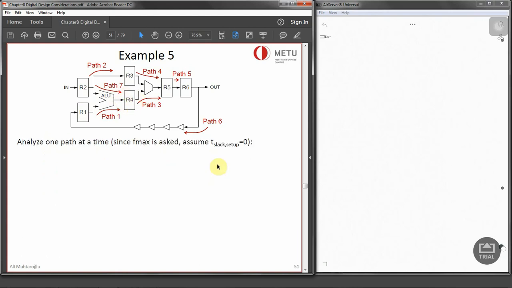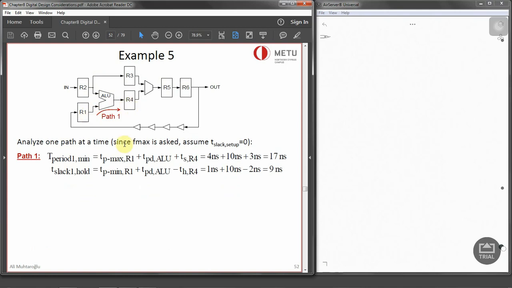So from R1 to R4, it is the maximum of R1, the ALU, and the setup time of R4. And for the hold, we have the minimum of R1 and the ALU, and the hold time of R4 has to be subtracted. That's 17 nanoseconds, and that is 9 nanoseconds. So there's no problem. We'll carry on.